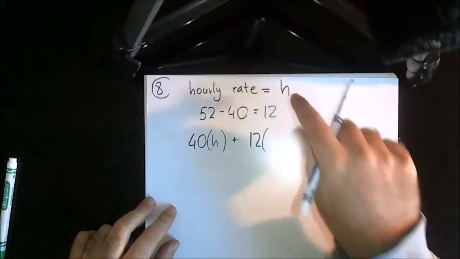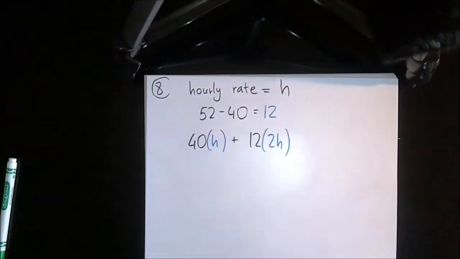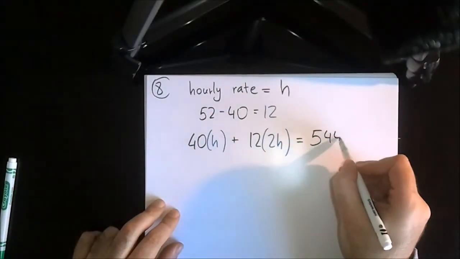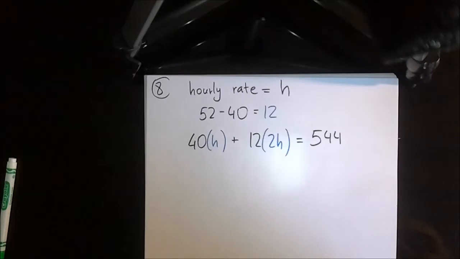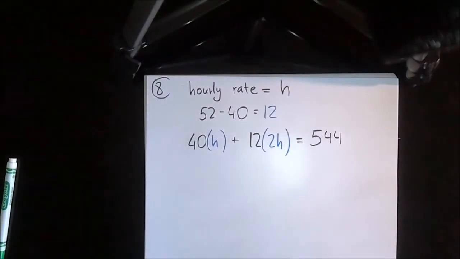So double the H, or 2H. And all of this equals $544. That's how much she earned total. So now they want us to find the H. That's not so bad. Once you have everything figured out, that's actually not a bad problem here.